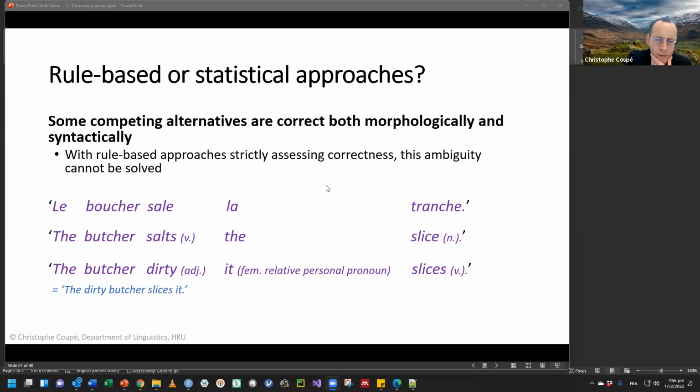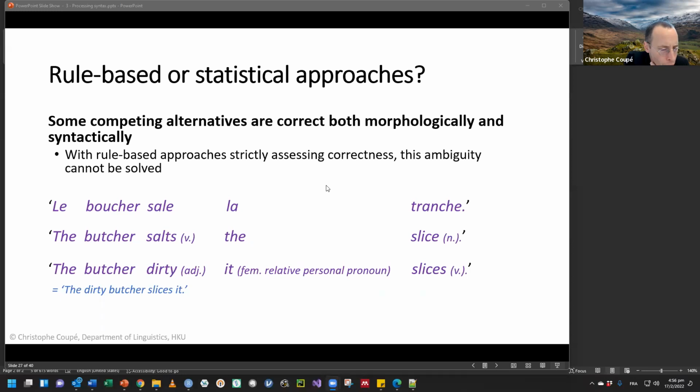Sometimes you have a number of words in a sentence and you end up with different competing alternatives to analyze the sentence. And both analyses, both interpretations of the sentence in terms of syntax, they are actually correct. So in French, for instance, if you speak French, you will see the point. Le boucher sale la tranche. That could mean first, the butcher salts, the verb, to put salt, the slice, tranche can mean slice, in meat slice, it's a noun.